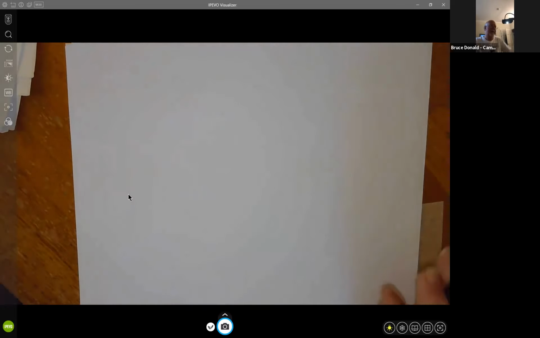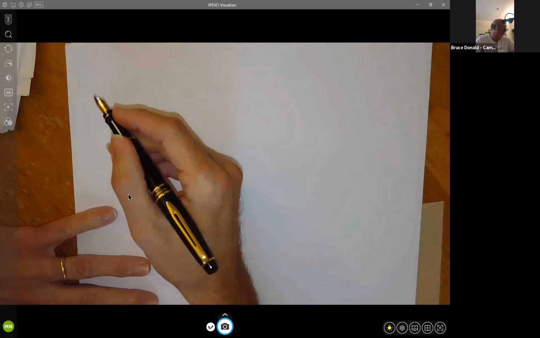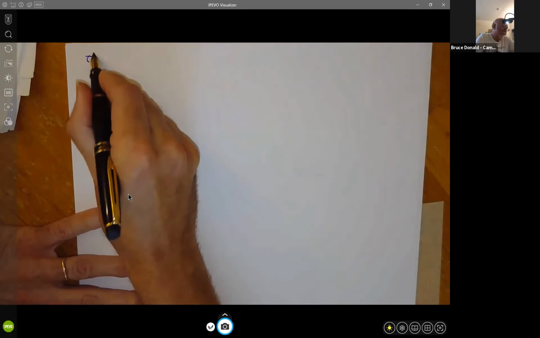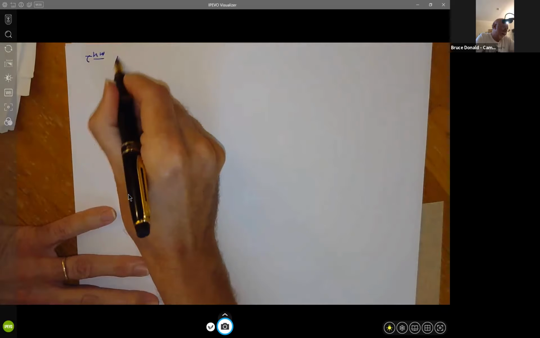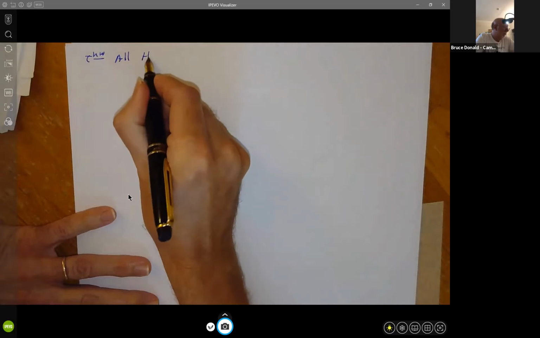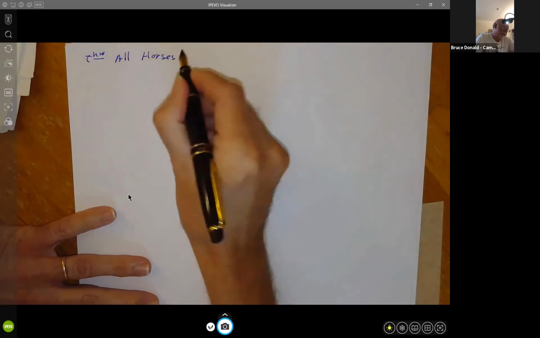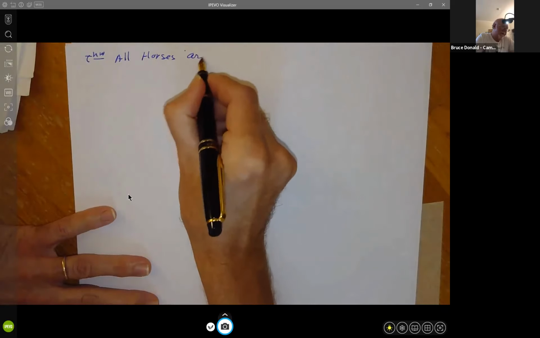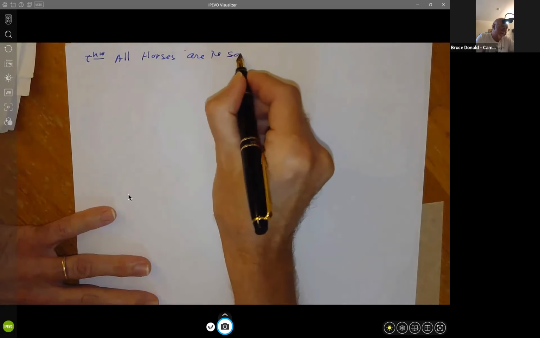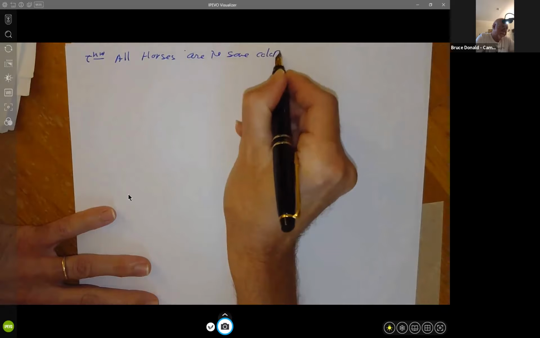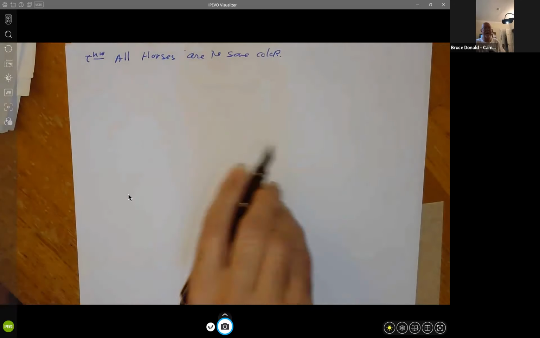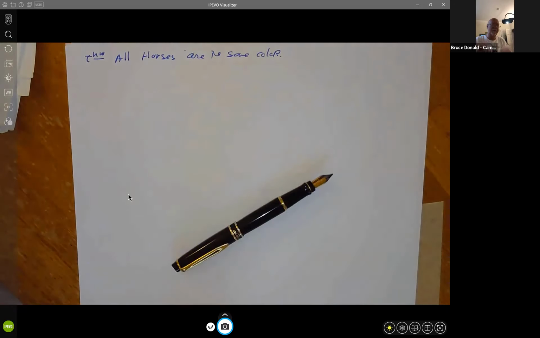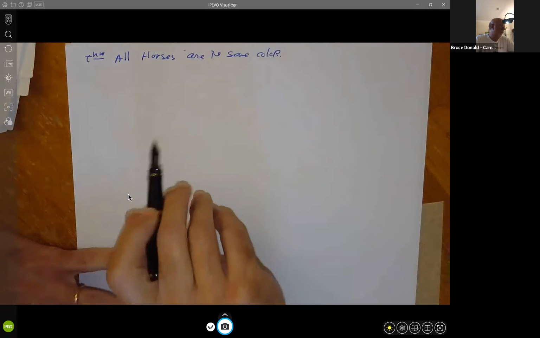All right. So here's a pretty fun one. Theorem: all horses are the same color. I'm going to prove this by induction. Prove it in quotes, because obviously you can't prove this.